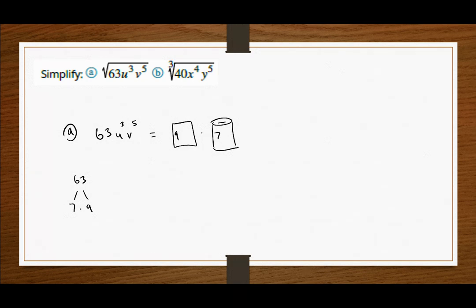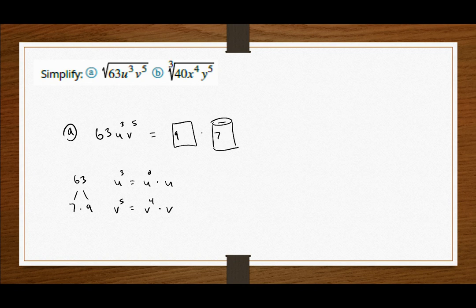U to the 3rd, v to the 5th. Neither of those exponents are divisible by 2, and so we would split them up such that we make the exponents evenly divisible by 2. So we could split these into u squared times u. V to the 5th we could split up into v to the 4th times v to the 1st.